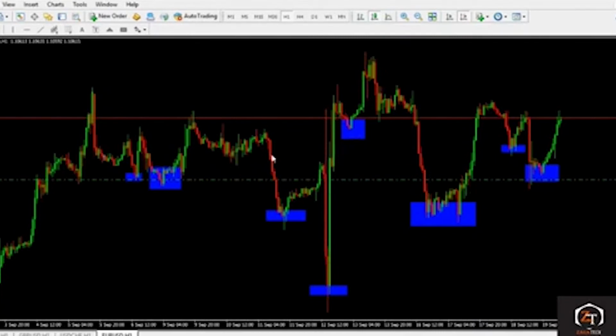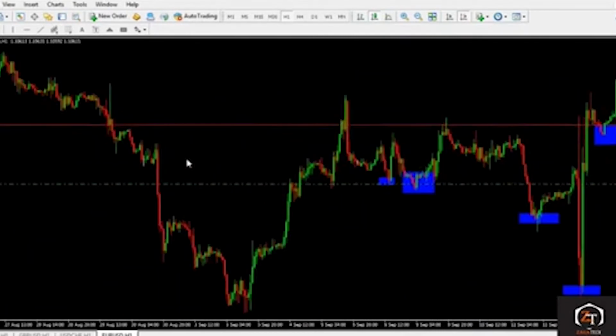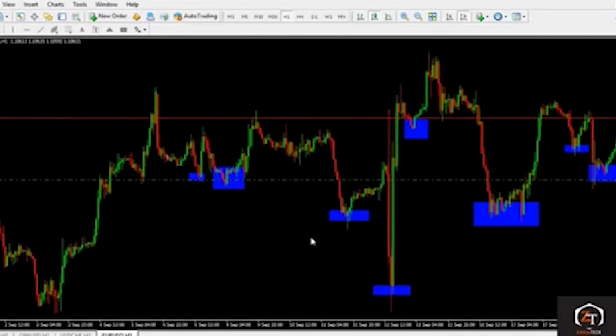So all these areas I'm showing you guys are support areas. You can dictate that with your eyes, like here is a support area, here is a support area, here is a support area. Now let's take a look at all this stuff here and see what it entails.